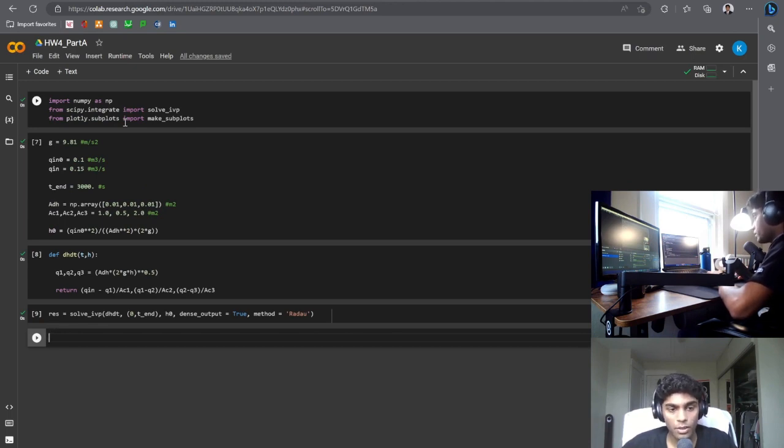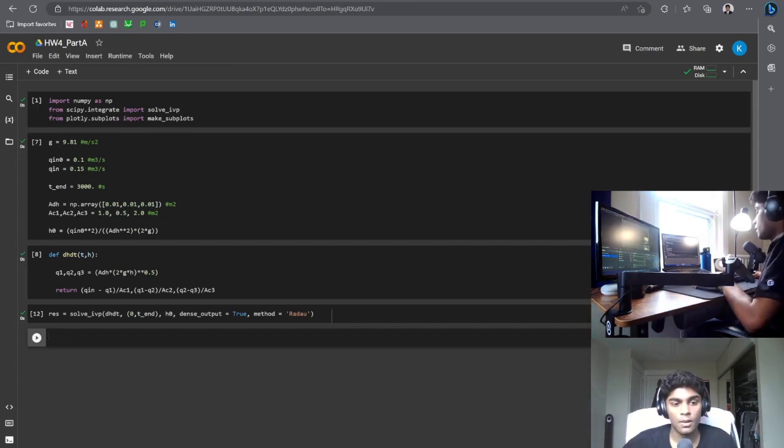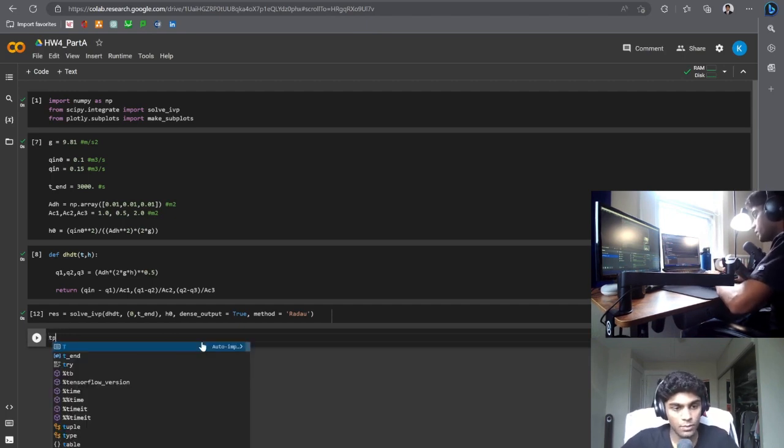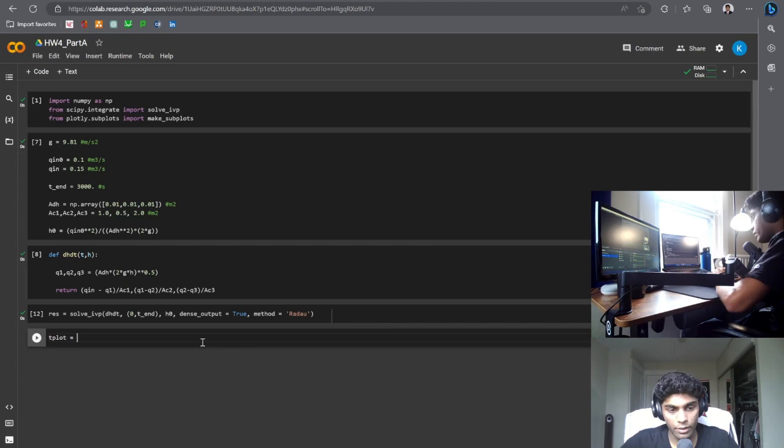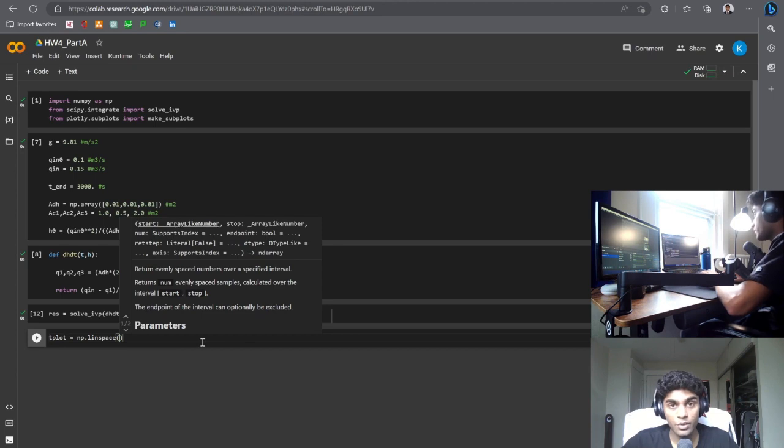Now the next thing we want to do is use our subplots library to graph out the simulation for us. So now we'll name our tplot, and this is going to be using our np.linspace. What we're essentially doing is creating time values to plot with.